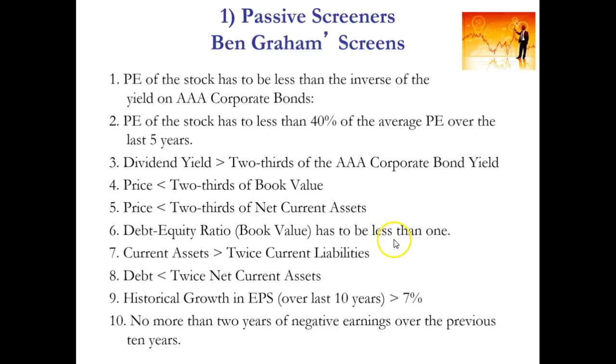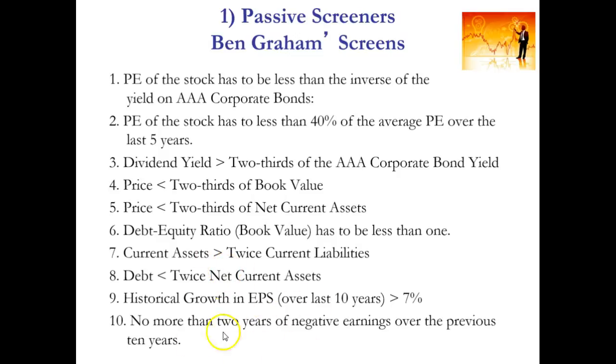Furthermore, another way that Graham looks at passive screens is he wants stocks that have relatively low levels of debt on their balance sheet. So they've got to have a debt to equity ratio less than 1. Current assets need to be at least twice current liabilities, so it has to be a highly liquid firm. Again, low levels of debt, less than twice net current assets.